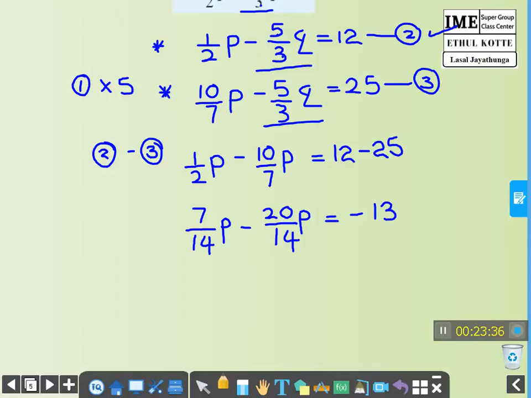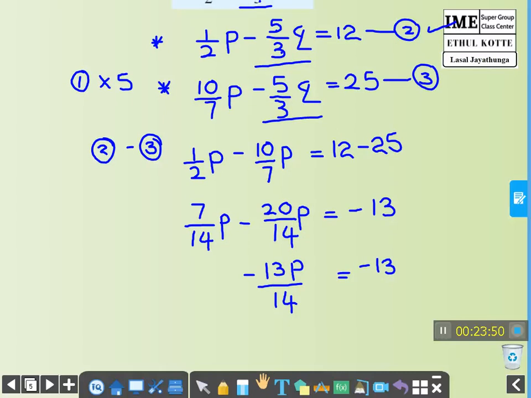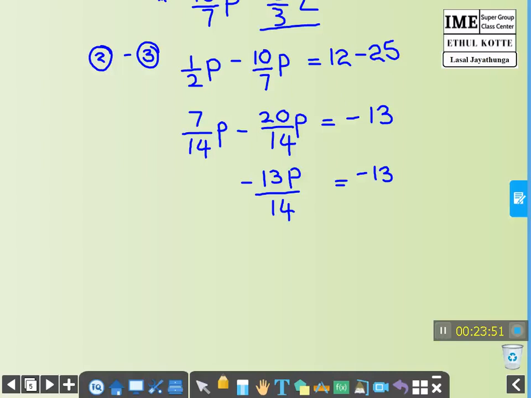Right, now subtract these p terms. Minus 13p over 14 equals minus 13. Right.